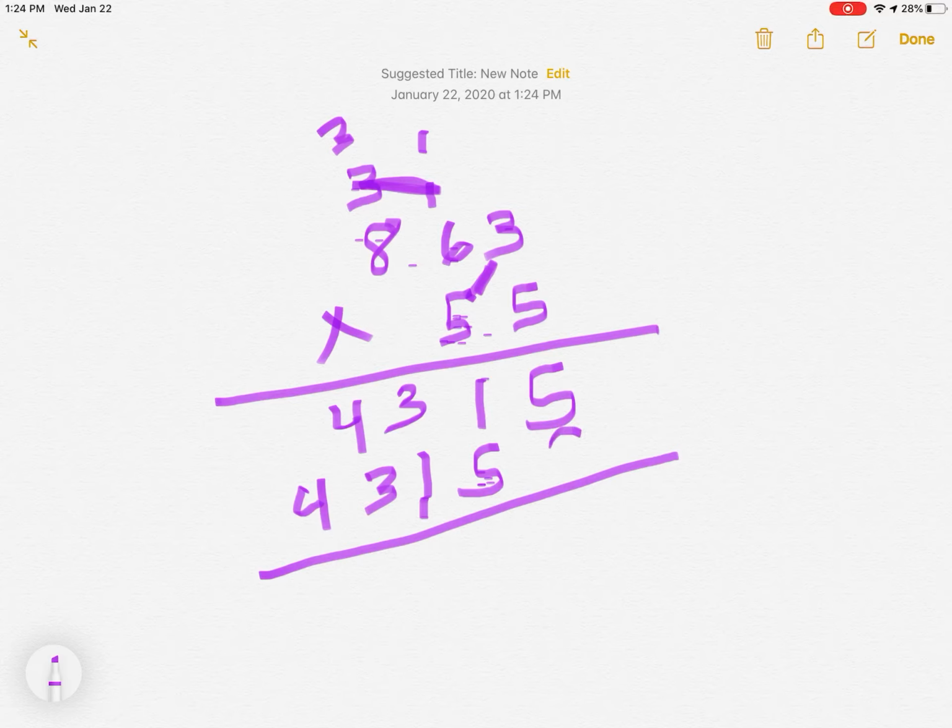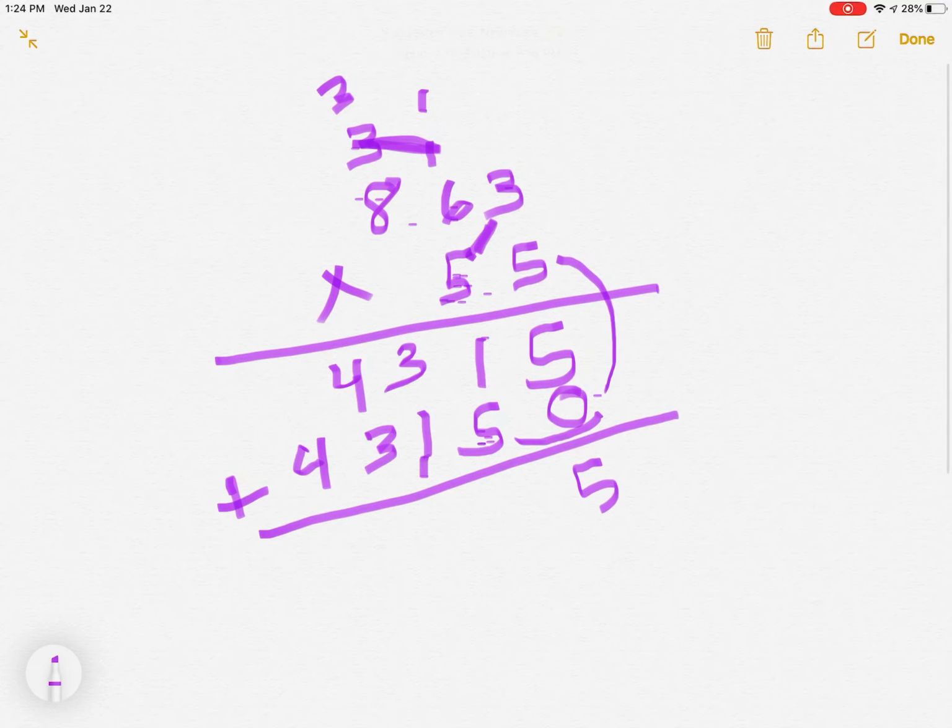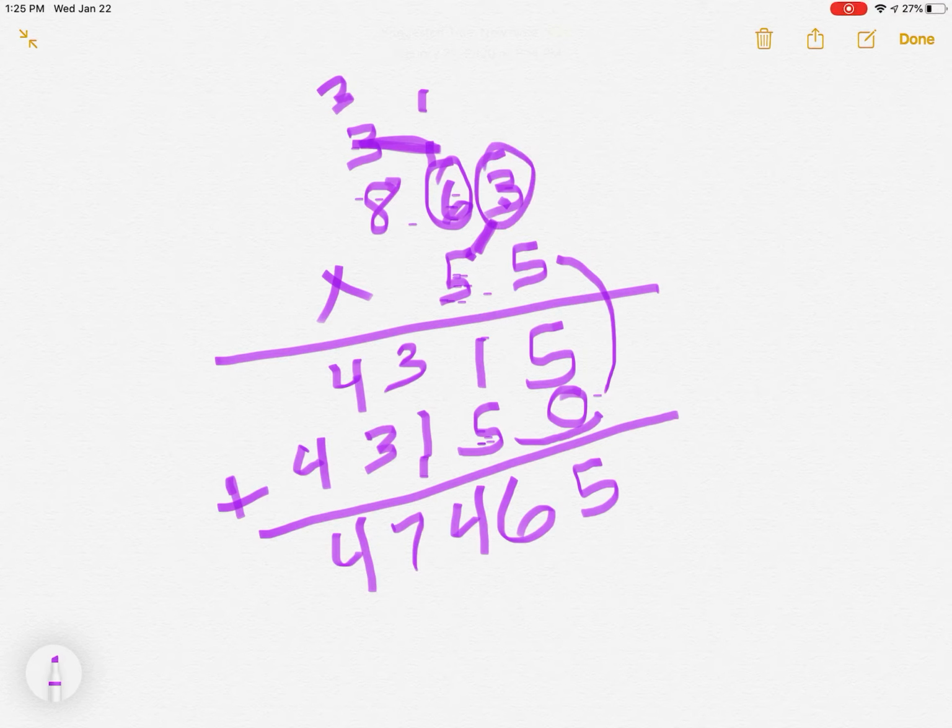Or I could have just written these same numbers, but add the 0. I add the 0 here because I had moved them all over. Hope that made sense. So now I just add 5, 6, 4, 7, 4. Now I worry about the decimal points. So I have 2 places in the top number.